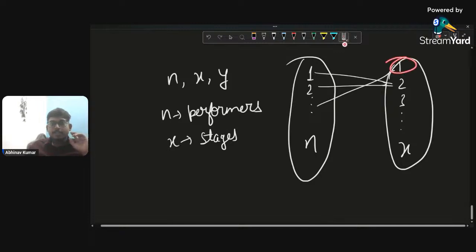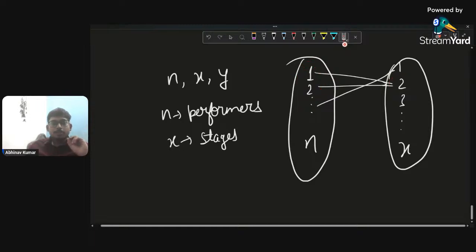For every stage there would be some number of performers assigned to that stage. All the performers assigned stage number 2 would form a single band. You can consider they are in a single group, they would perform together. So if 1 and 3 both are assigned stage number 2, they would perform together.